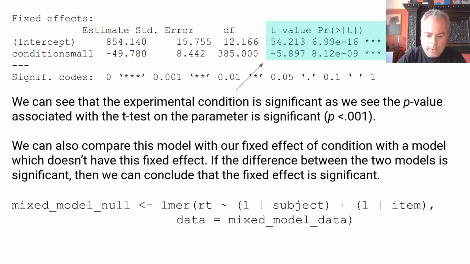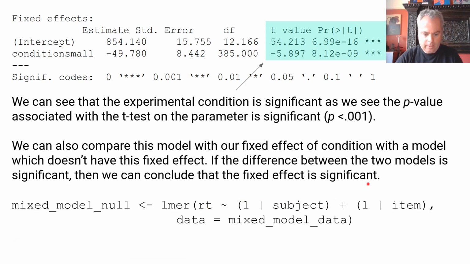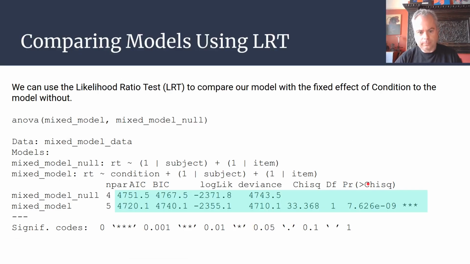So what I'm going to build now is what I'm going to call a null model, which is identical to the model that we built earlier, apart from the fact we don't have a fixed effect. We're saying that our reaction time is predicted by our two random effects in this case, and nothing more. So we can actually compare these two models to each other using what's known as a likelihood ratio test.